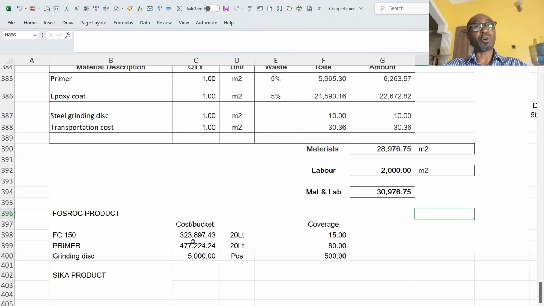So you have to first compare the brand or the specification in the bill you are trying to refer to. You have to check to know what brand they are using before you can jump to conclusion to say their prices are high or low.